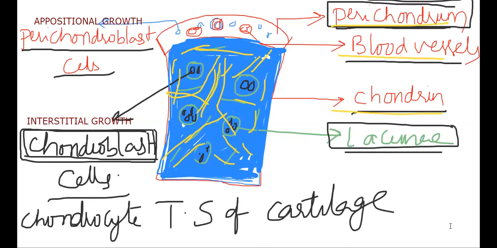Only based on the fibers in the matrix do we classify it: hyaline cartilage with thin collagen fibers, and elastic cartilage, where yellow elastin fibers are present. By the presence of these fibers, elasticity can be expected in this kind of cartilage. We'll discuss that later; first, the basic nature of the cartilage.